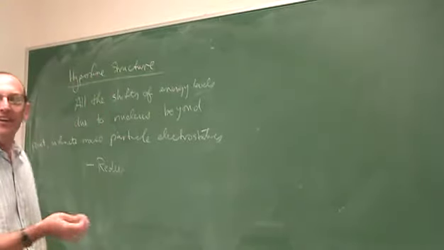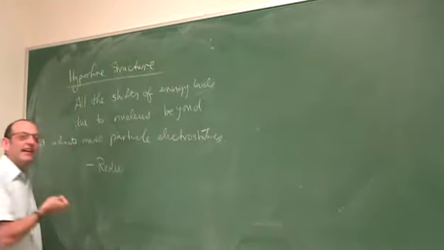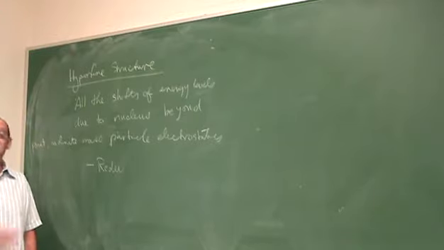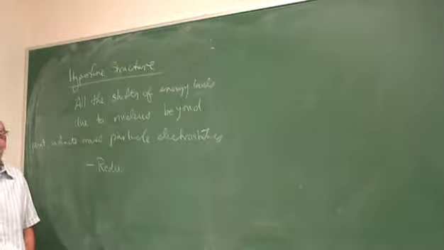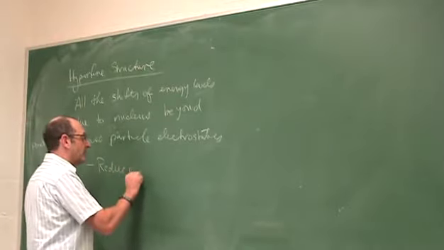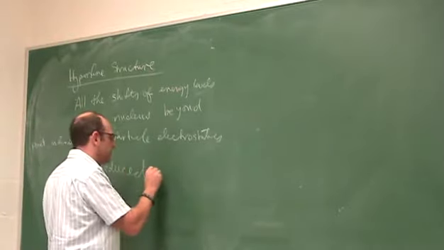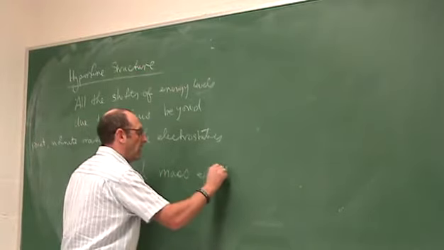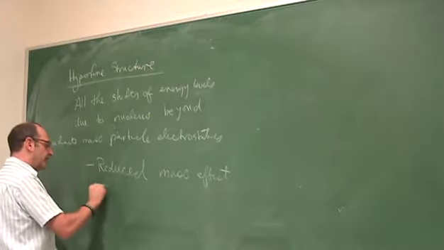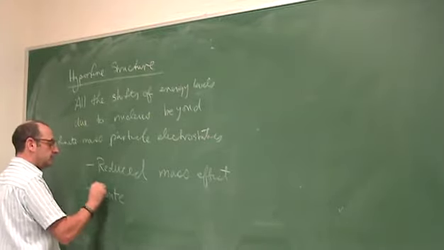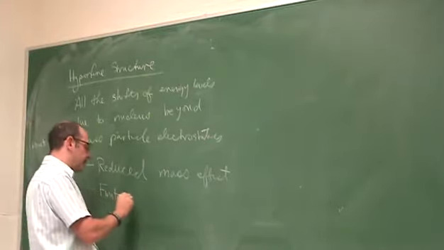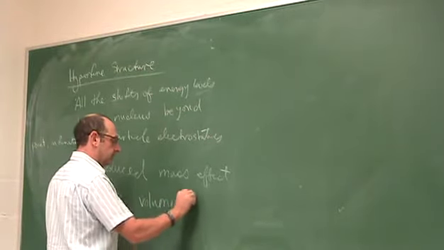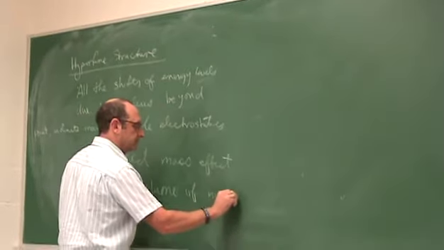So anything beyond treating the nucleus as having infinite mass relative to the electron is part of what's called hyperfine structure, so the reduced mass effect, which we've talked about. There's what we had in our first homework assignment, which had to do with the finite volume of the nucleus.